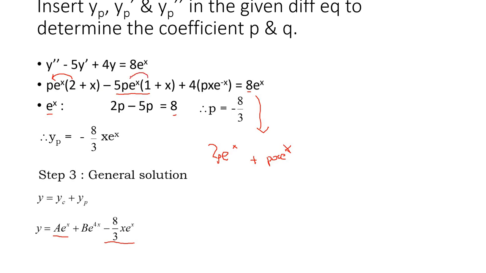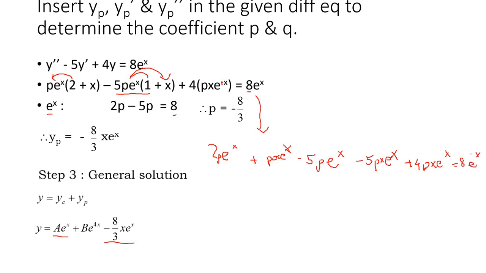Then expand this one, minus 5p exponent x minus 5px exponent x. Okay, the last term plus 4px exponent x. This is exponent x, not exponent negative x. Equal to 8 exponent x.